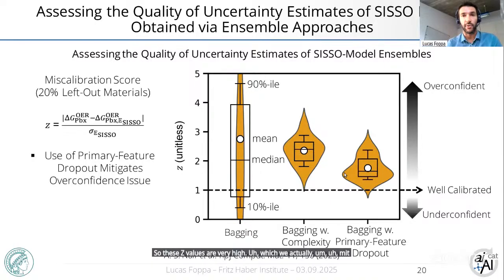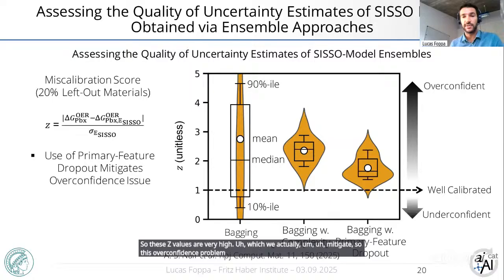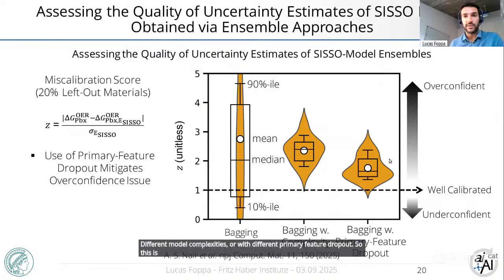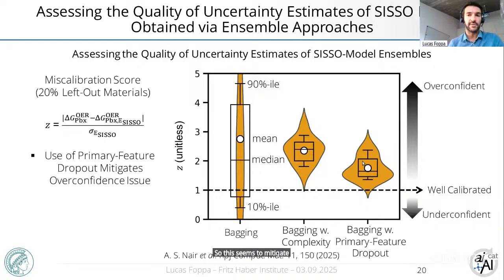This overconfidence problem is mitigated by using this bagging, for instance, with different model complexities or with different primary feature dropout. So this is what we get here. This is a bit inspired by the random forest approach, where we don't use all of the features to train the model. So this seems to mitigate this overconfidence issue in the case of the SISSO ensembles.